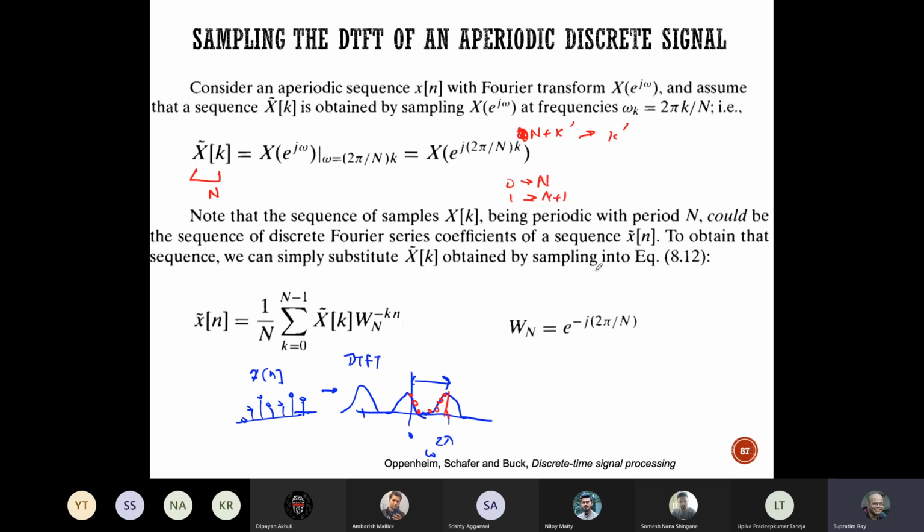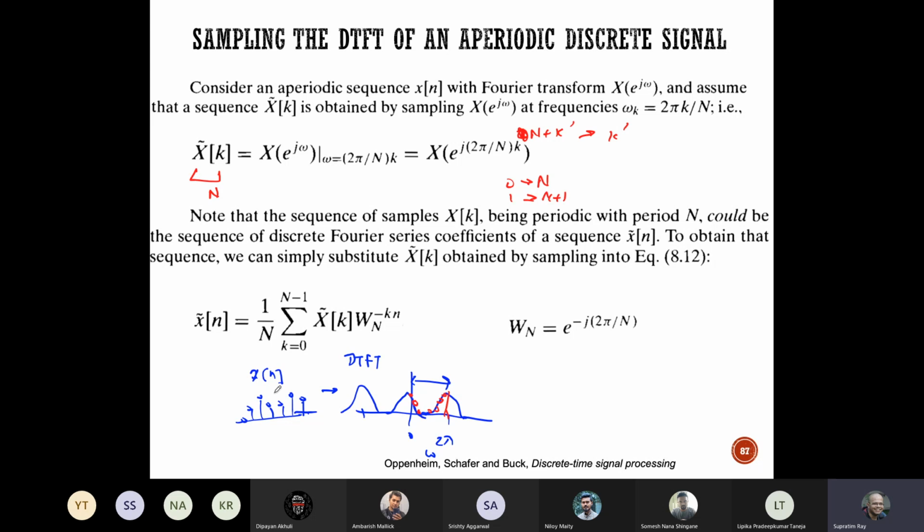So because this is periodic with a period of n, it could be the discrete Fourier series of some sequence x tilde n. So I ask, what is the periodic sequence whose discrete Fourier series is X̃[k]?